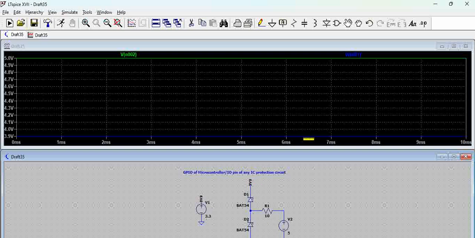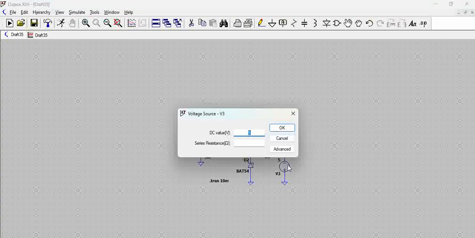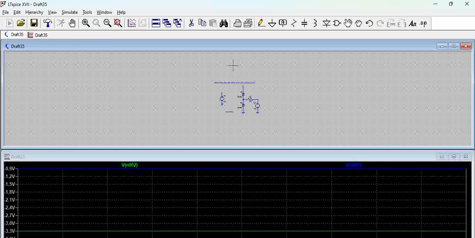Now let us check the scenario where we'll try to have this in reverse. Let us give minus 5 volts, or minus 3.3, and then let us try to simulate this.